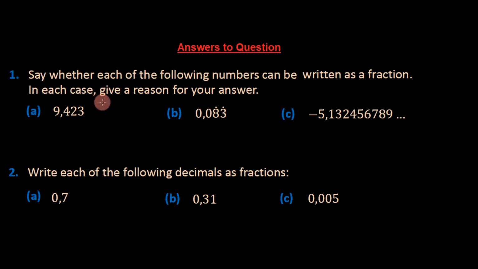In the first question here, we have to state whether each of the following numbers can be written as fractions. In each case, we have to give a reason for the answer. In A, we have 9,423, and yes, this can be written as a fraction since it's a terminating decimal.